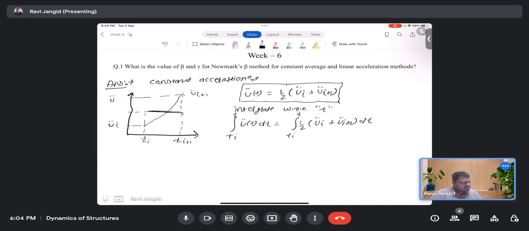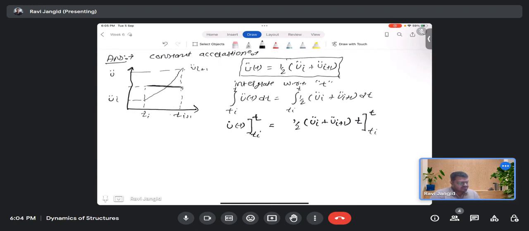If we integrate it, it will become u dot t from ti to t equal to 1 by 2 u double dot i plus u double dot i plus 1 times t from ti to t. So I can write it as u dot t minus u dot ti equal to 1 by 2 u double dot i plus u double dot i plus 1 into t minus ti.